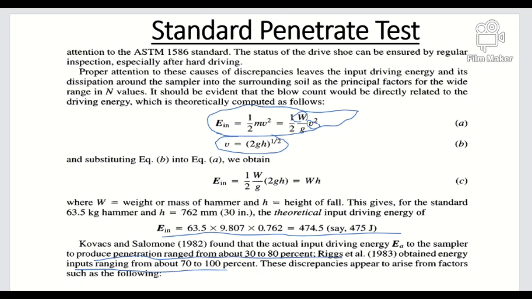Another researcher, Riggs et al., found 70 to 100% of the theoretical energy value. So the standard value is 70%, and that is accounted for as per the standard SPT N value.